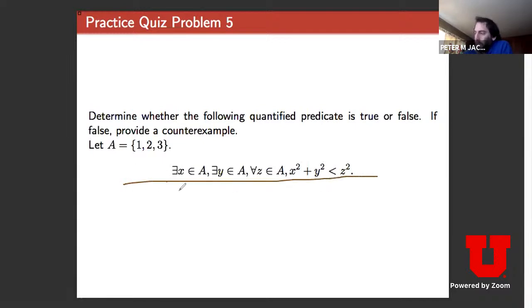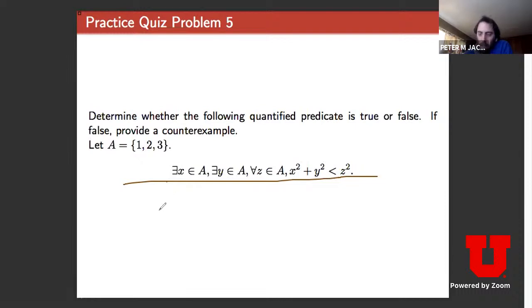For the statement to be true, there would have to be an x and a y such that for every z, x squared plus y squared is less than z squared. So why don't we try one pair of x and y just to get started, and see if one will work.